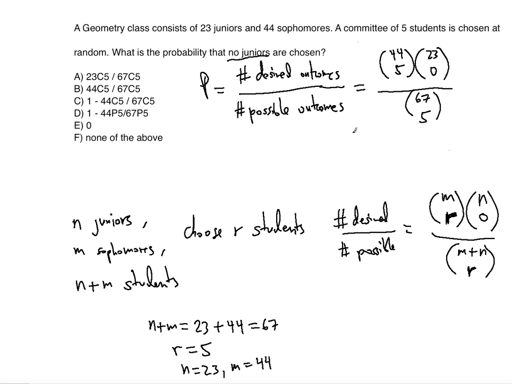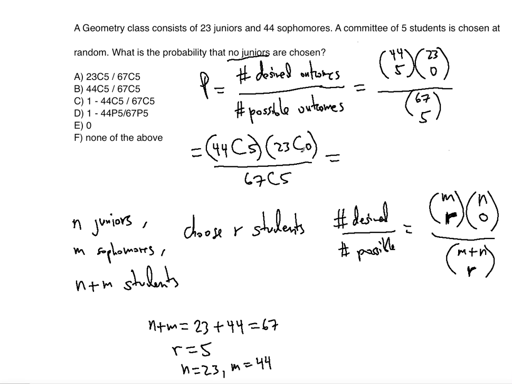Now, what does this mean? This simply means 44 combination 5, because that's NCR, right? MCR in this case, times 23C0 divided by 67C5.